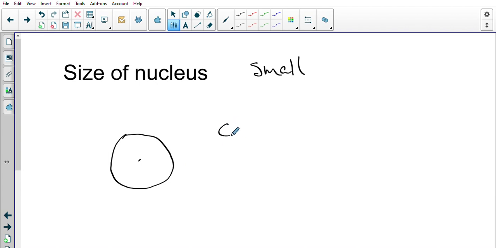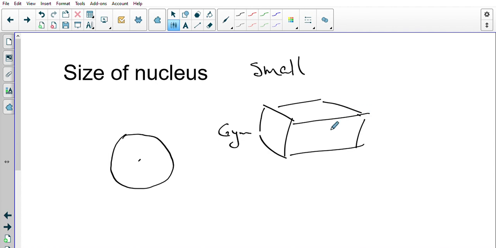But I always like giving people the idea of our gym. Our gym is not huge, but it's big enough that you can play basketball in there. And then think within that gym, a fly flying around. That's probably close to the size of the nucleus within an atom. And it sort of gives an idea.